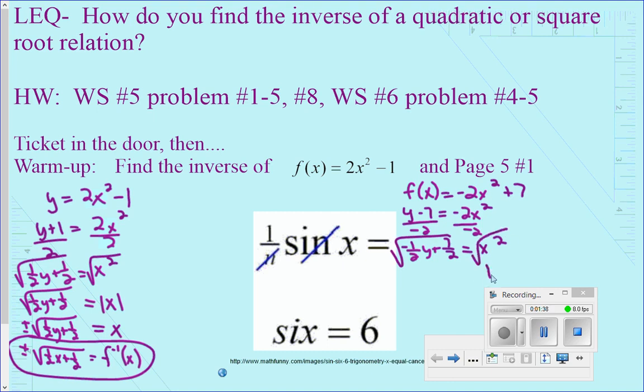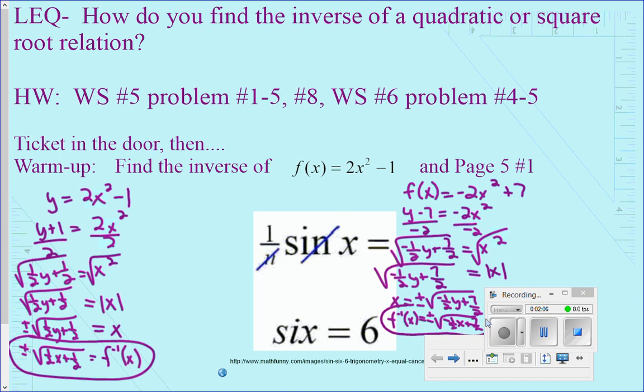Square root of x squared is absolute value of x. And make my answer plus or minus. And then interchange x and y and make that f inverse of x. And that's my equation for the inverse.